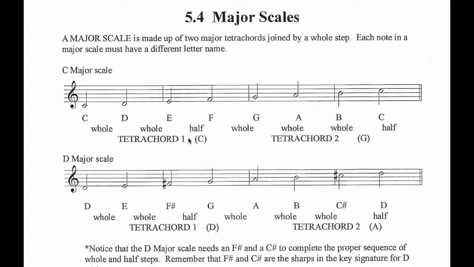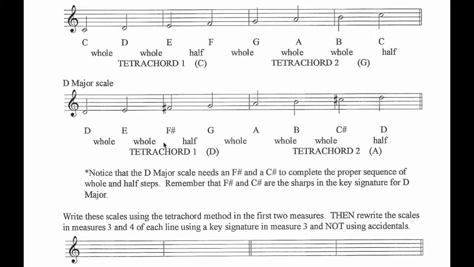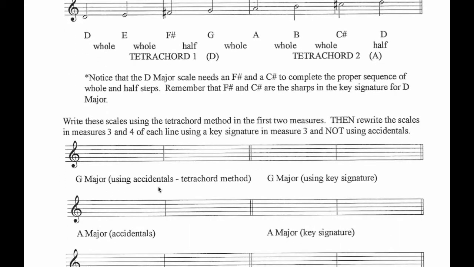This is another way, if perhaps you don't remember, or the other way is a little bit confusing to remember, the whole, whole, half, whole, whole, whole, half pattern to write major scales. So G major, using accidentals, the tetrachord method, write out the G major scale.